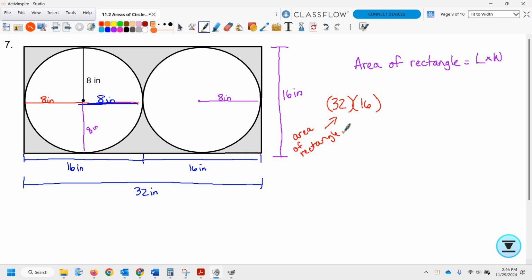We're going to subtract 2 circles. Pi r squared. Two circles with radius equal to 8. Okay? Get your calculators out and start typing this in because that's how simple it is.